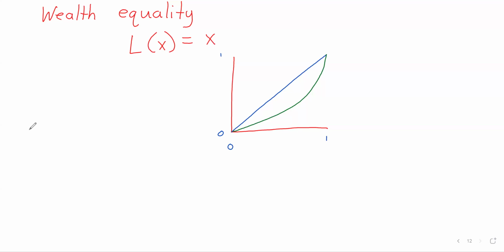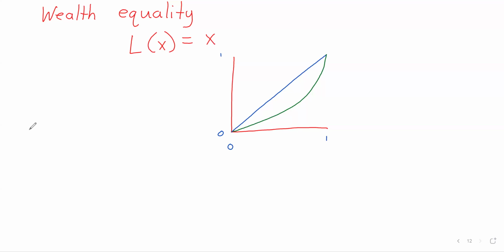Notice that the real Lorenz curve has a few properties it has to have. It has to be less than x. If the Lorenz curve were greater than x, that would mean that the poorest people in the country control a disproportionate amount of wealth, and that doesn't make any sense. The Lorenz curve has to always be increasing.